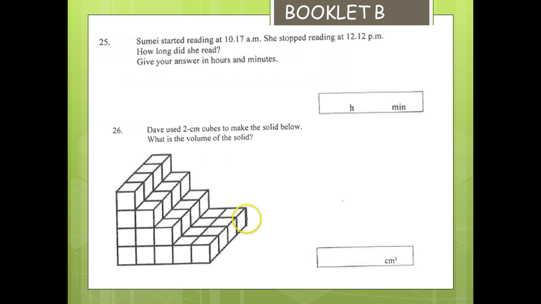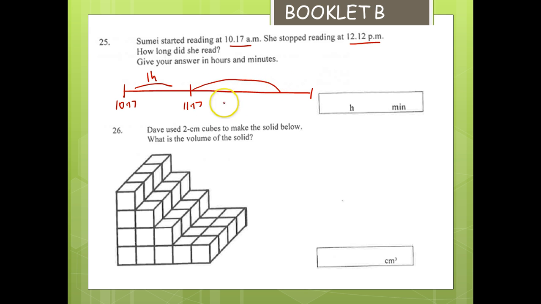Question 25. Sumi started reading at 10:17, stopped reading at 12:10 p.m. How long did she read? So we draw our timeline. 10:17, 11:17, that would be 1 hour. 11:17 to 12:17, this is another hour, right?